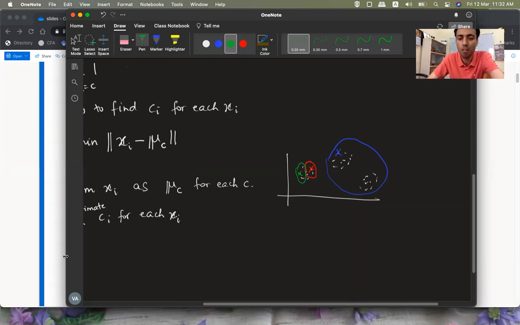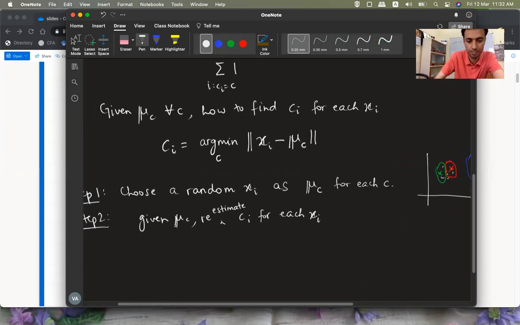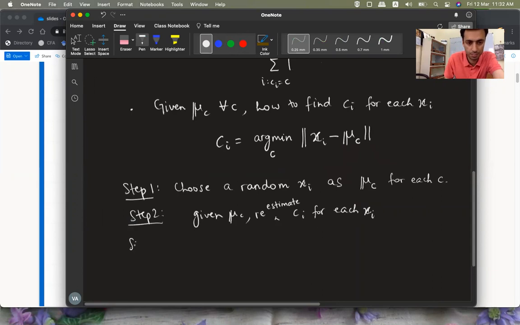Right? Now the next step is to re-estimate mu c.